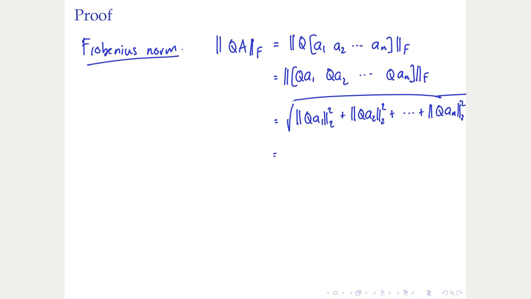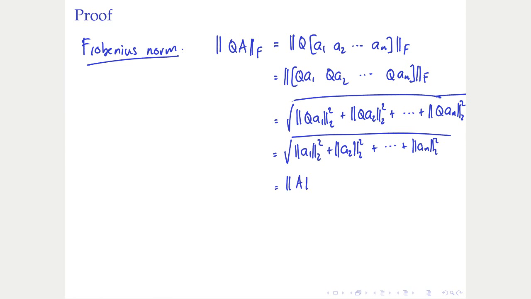And we know, using that same result again from last lecture, that we can basically make those Q's go away, because multiplying a vector by an orthogonal matrix doesn't affect its length under the 2 norm. And that is simply the Frobenius norm of A.